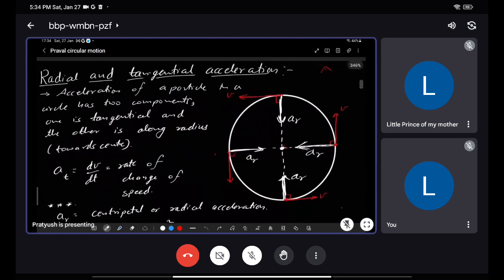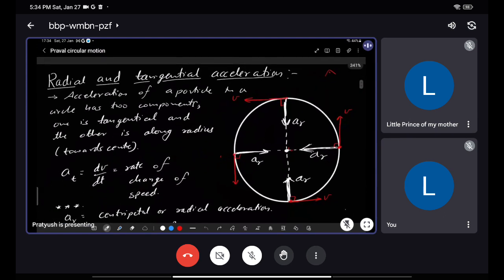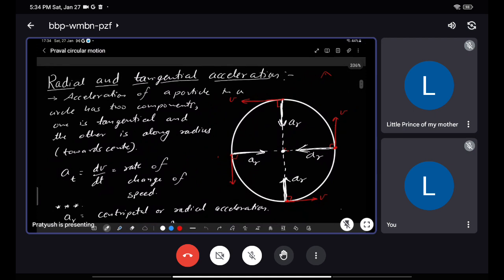Now, radial and tangential accelerations. Whenever a particle is revolving in a circle, it will always have two components. One is the tangential component and the other is along the radius, meaning towards the center. The tangential component is the rate of change of speed.